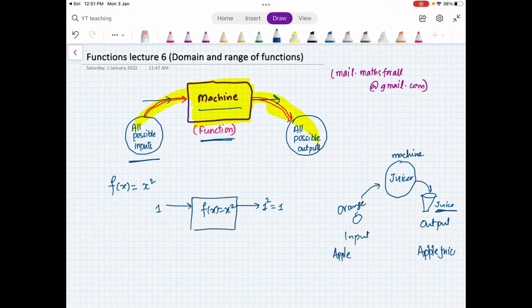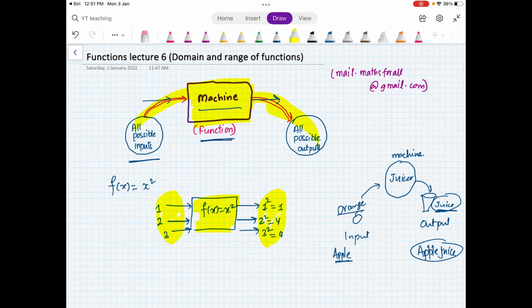So you change your input, your output will change. Similarly here, if I input 2, the output will be 2 square, that is 4. If I input 3, the output will be 3 square, that is 9, and so on. So this is a kind of machine, and these are my inputs and these are all my outputs.